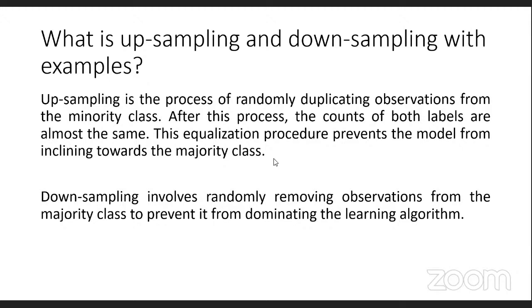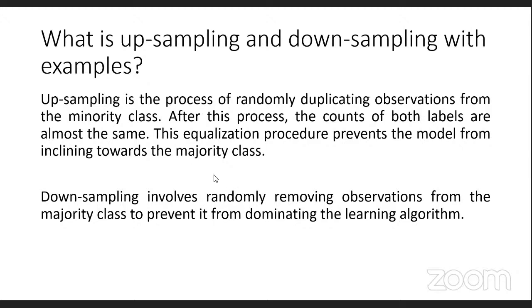So that becomes a balanced data set. You are duplicating the observations of the minor class, equating it to the major class, so that the data becomes balanced.